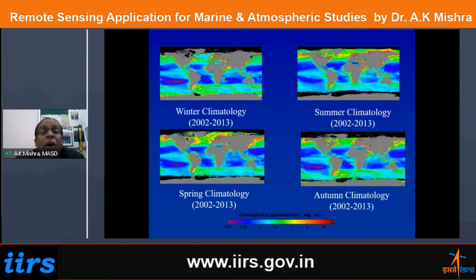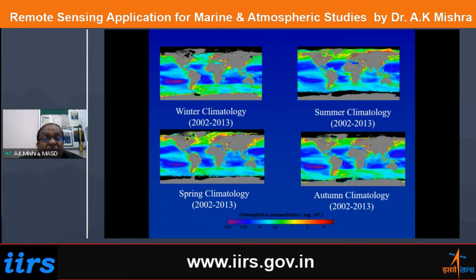If you carefully analyze these images, you can see the phytoplankton concentration: in winter the sun is in the southern hemisphere, and the phytoplankton concentration is more in these waters compared to summer. In summer it is blackened, because the sun has gone to the northern hemisphere, so phytoplankton concentration in the northern hemisphere is more in the summer season.